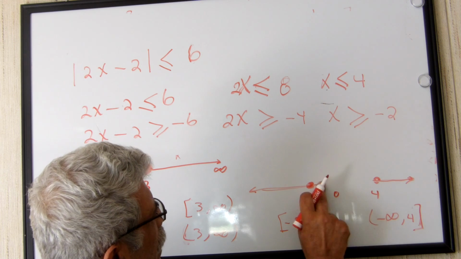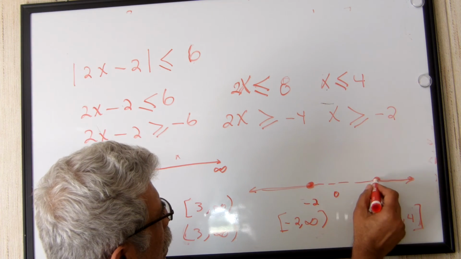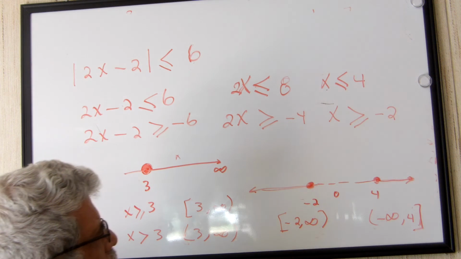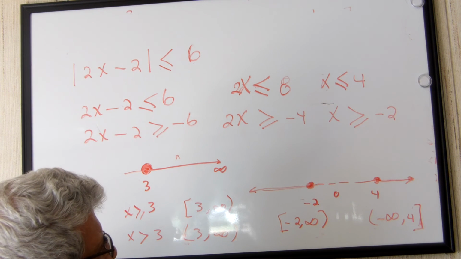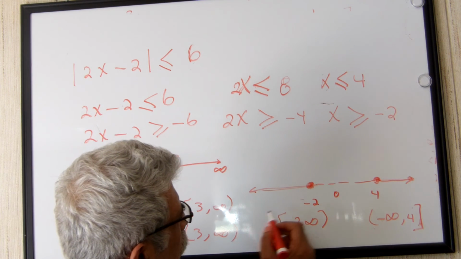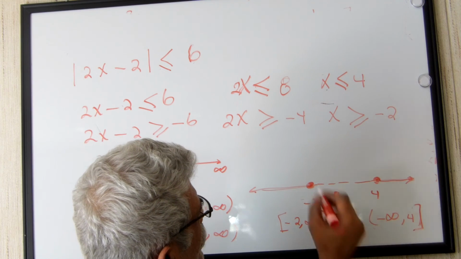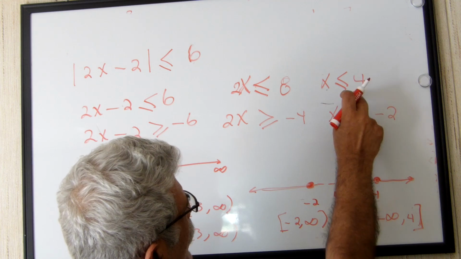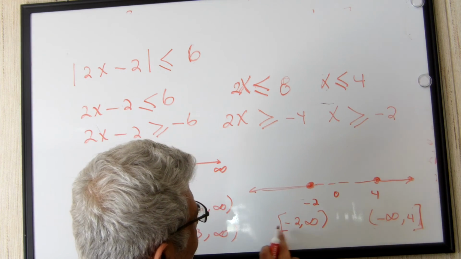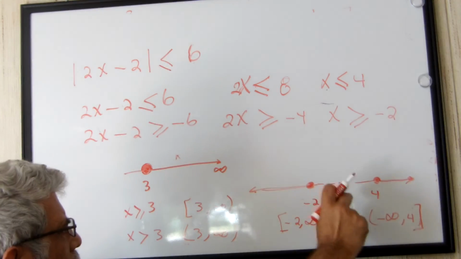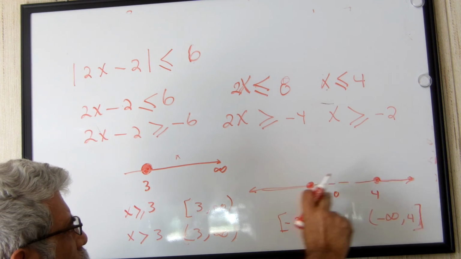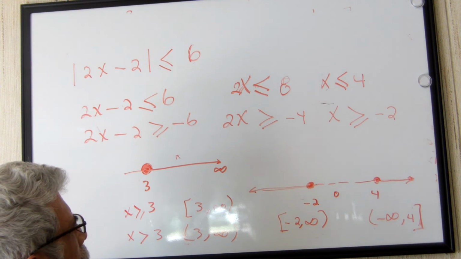So actually it's going to be like this. The numbers from minus infinity up to 4, including 4, and from minus 2 going up there. How about this?